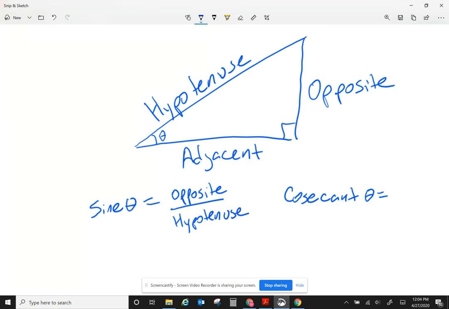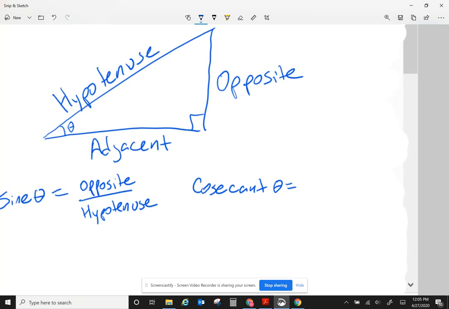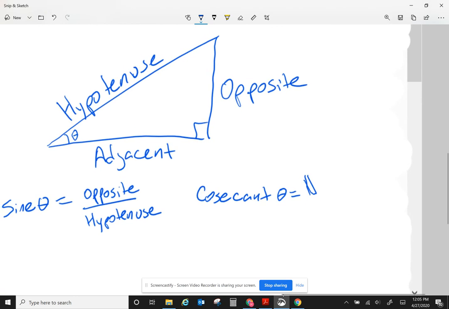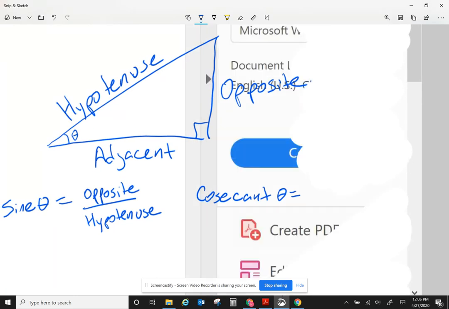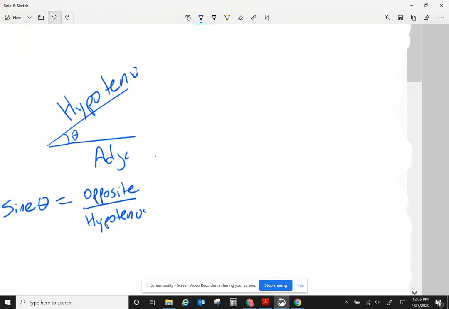The ratio for cosecant is the reciprocal, so basically flip the fraction: hypotenuse over opposite.